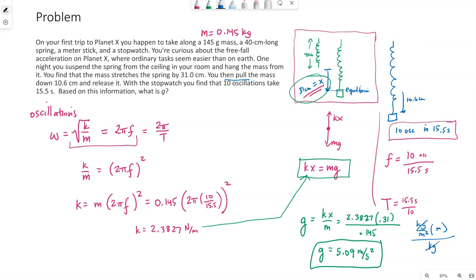K is in kilograms per second squared, not meters squared. The kilograms cancel. This is where our meters per second squared comes from.